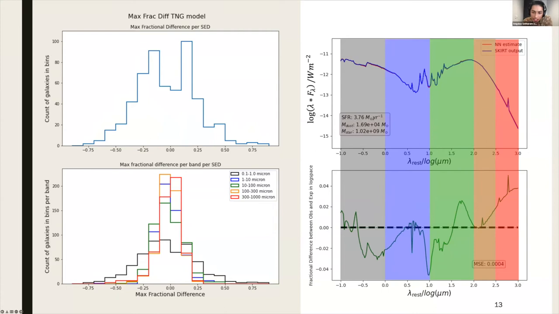So some things such as this peak do correspond to certain... Or do you mean in the fractional difference line or the SED model? The fractional difference line. I would say, I think no, some parts like this do correspond to certain features in the SED, but in general, we don't see many trends in the shape of the fractional difference across the SED.